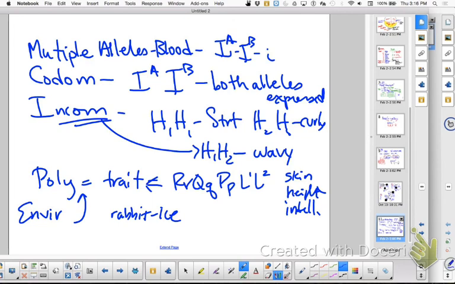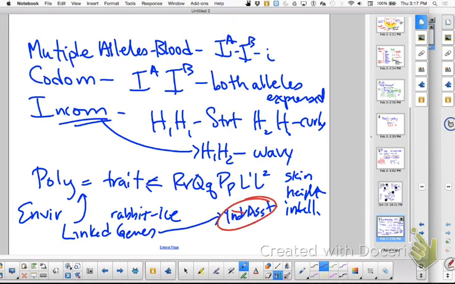And then the last thing was linked genes. You won't have independent assortment with linked genes because those genes are on the same chromosome, so they will travel together. No independent assortment, unless crossing over occurs.